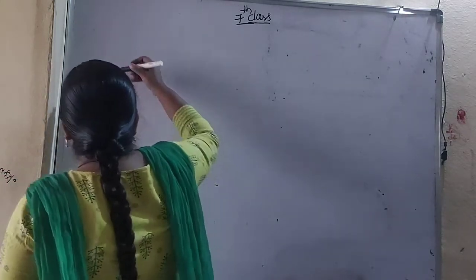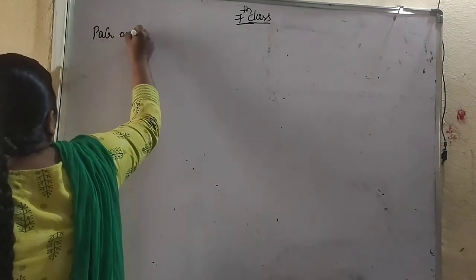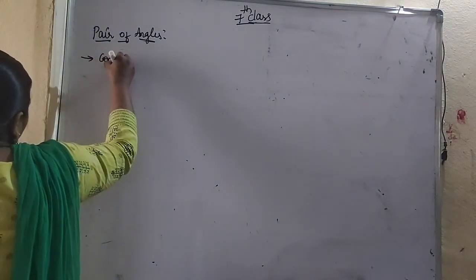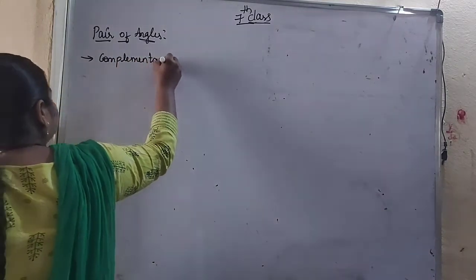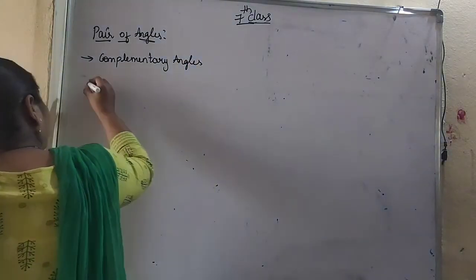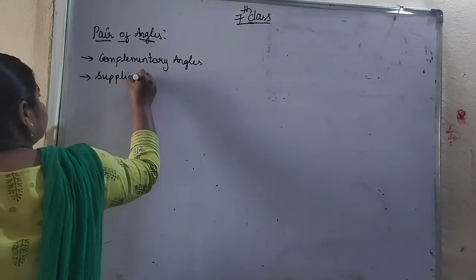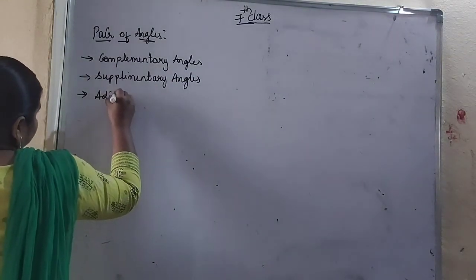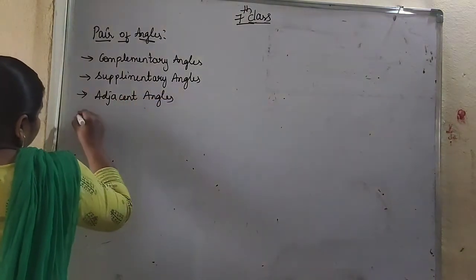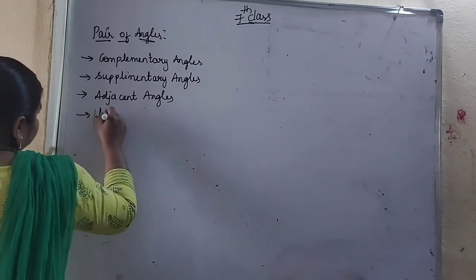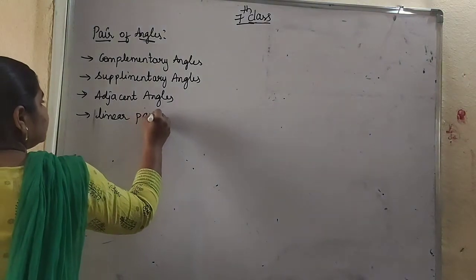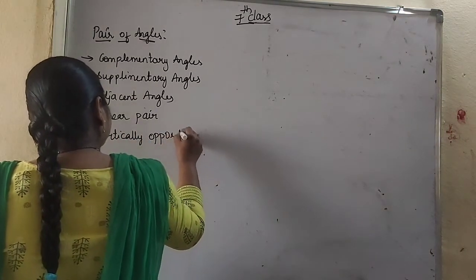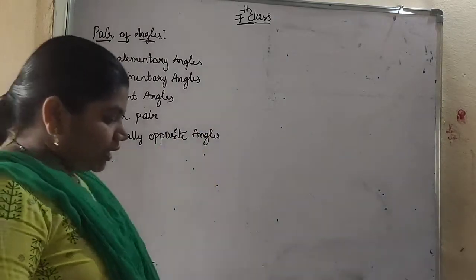In this pair of angles, we are going to learn about complementary angles, supplementary angles, what are adjacent angles, linear pairs, and vertically opposite angles. So these are the pair of angles we are going to learn now.